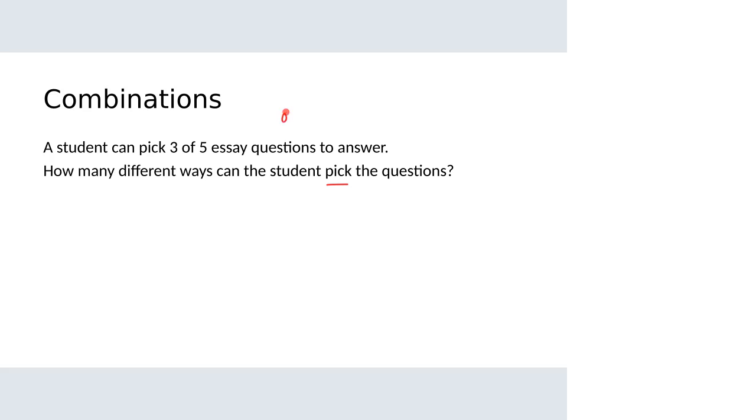So here, order doesn't matter. They're not arranging the questions. They're not lining the questions up. They're just picking them. And so order doesn't matter. That means we have a combination, which means the formula we're going to use is this one.